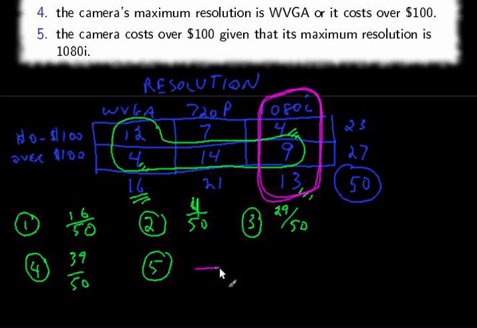So immediately we know that the denominator is 13, and now we're looking for the probability the camera costs over $100. So within the cameras of the 1080i resolution, we have to look how many have a cost of over $100, and that's right here. So the answer is 9/13.